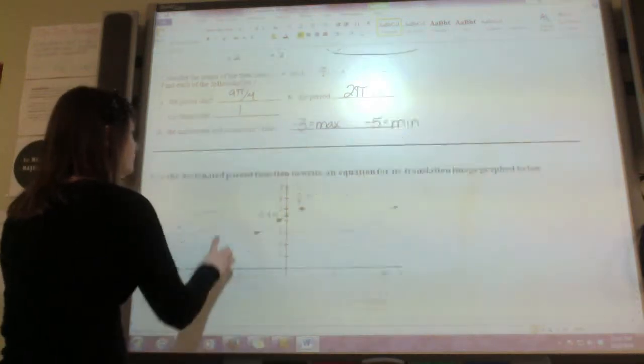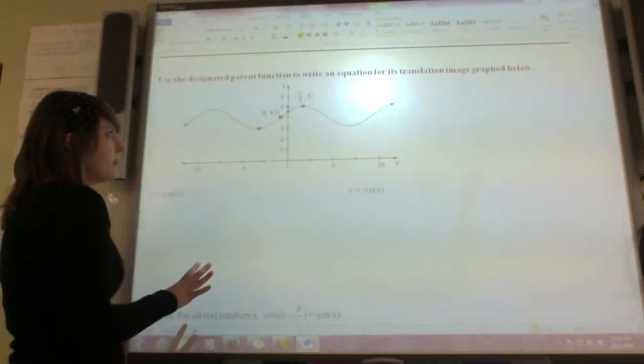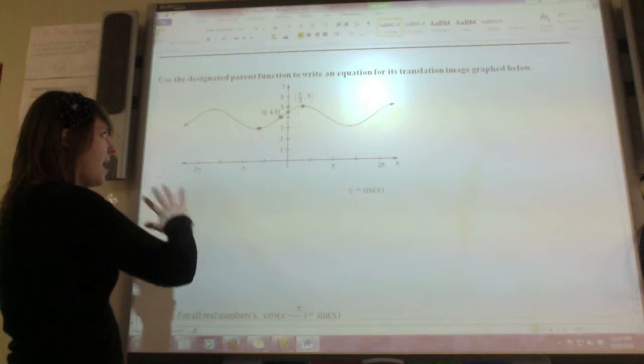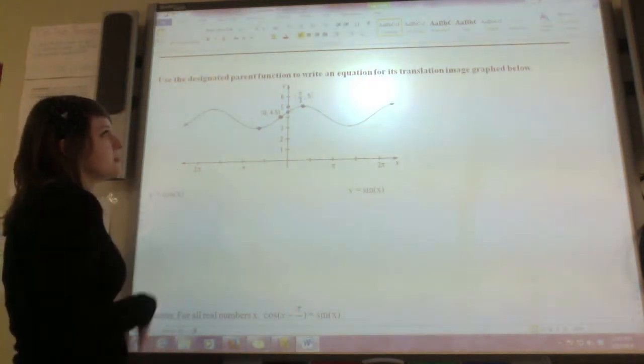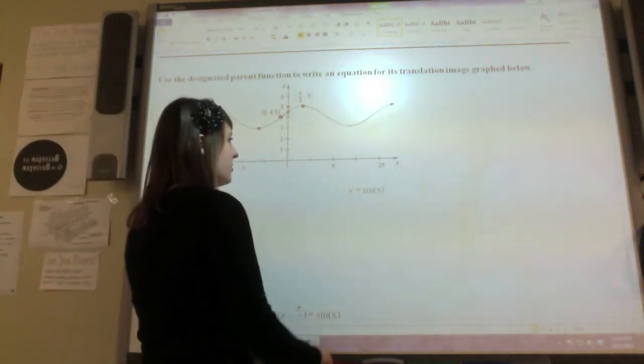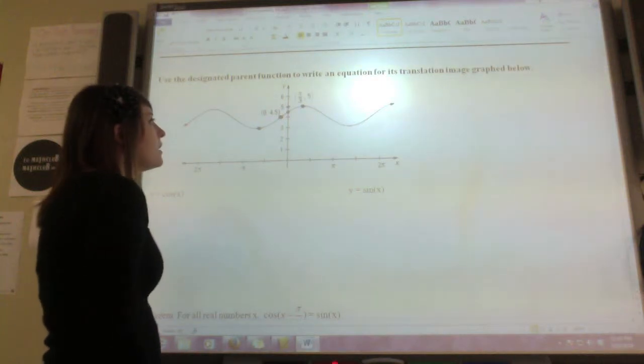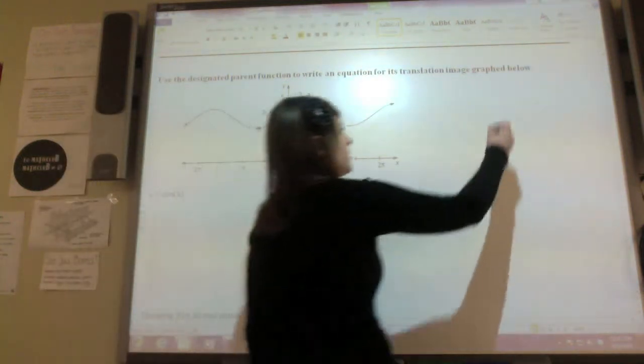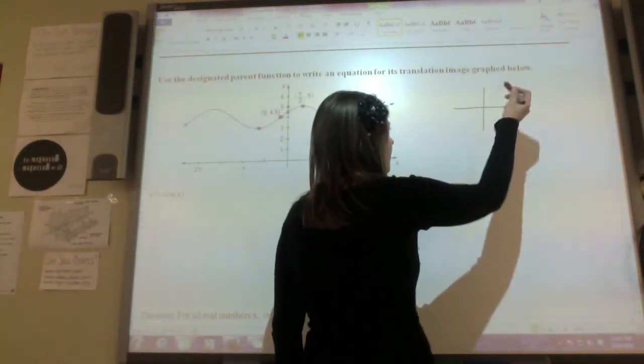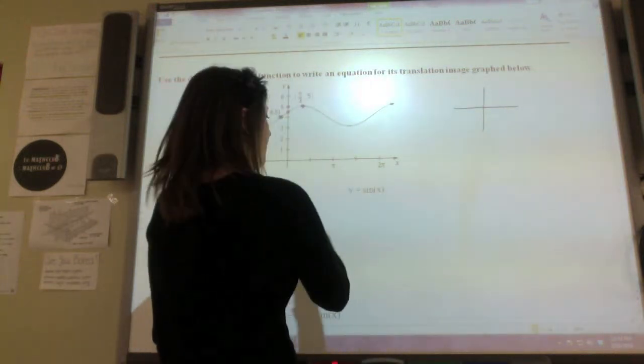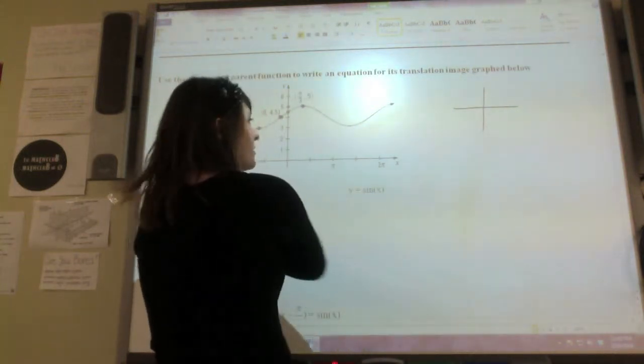Alright, next up we've got a parent function and this graph, and what we want to do is write an equation for the translation image. Let's start with the cosine function.